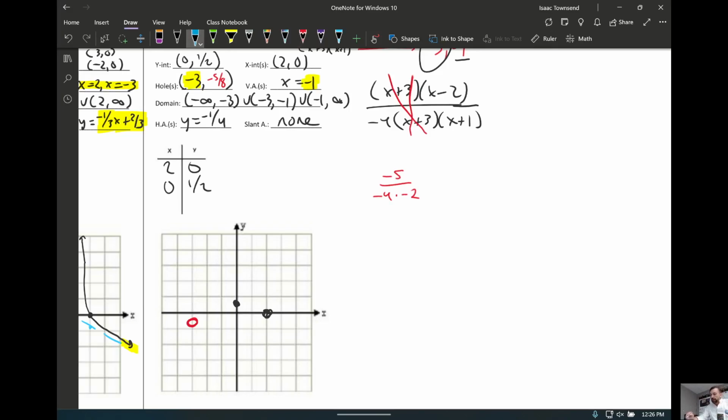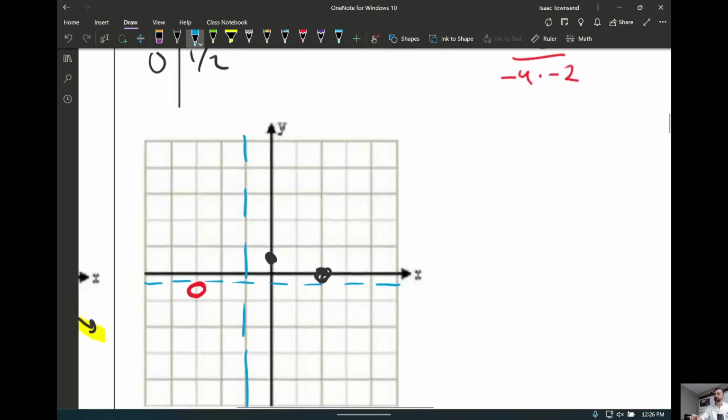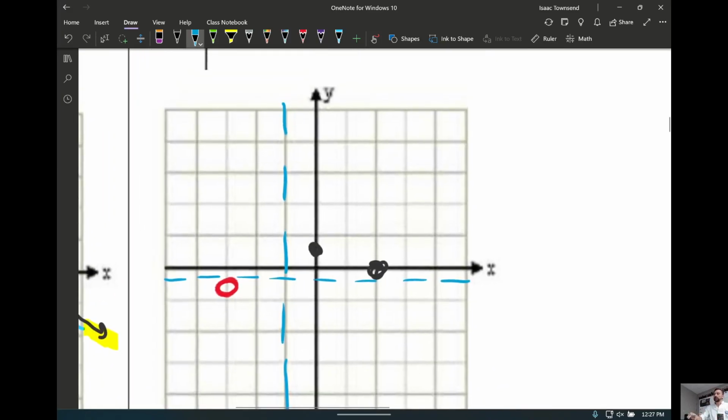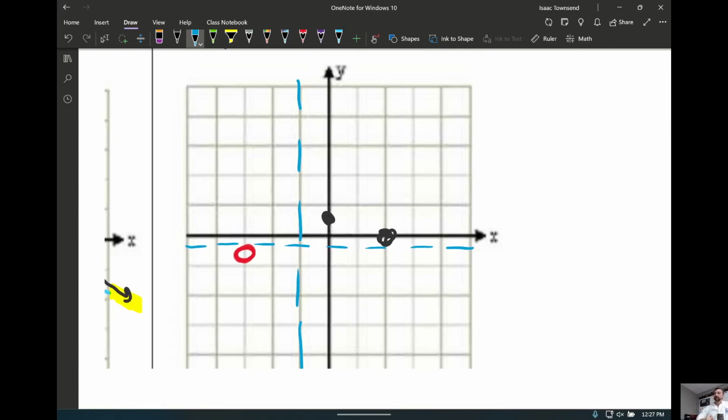I've got 2 asymptotes that I can graph as dashed lines. And then if I feel like I need more points because I don't know what's going on, that's fine.